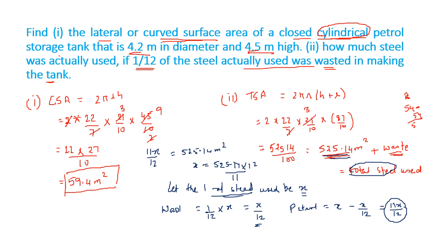Let me write it clearly again. How much is it? The total material used x is 525.14 into 12 upon 11. Multiplied, what is the answer you get?